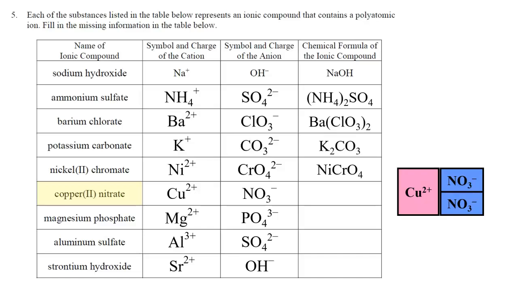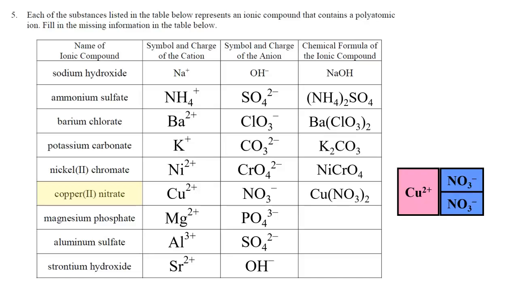I'm going to write the first element just as the element, so Cu, but then I wrap parentheses around the nitrate ion, and then I put a 2 on the outside of the parentheses to show I need 2 nitrate ions for every 1 copper 2+ ion. So the correct chemical formula for copper Roman numeral 2 nitrate is Cu, and then parentheses around the NO3 with that 2 on the outside of the parentheses to show I have 2 nitrate ions.